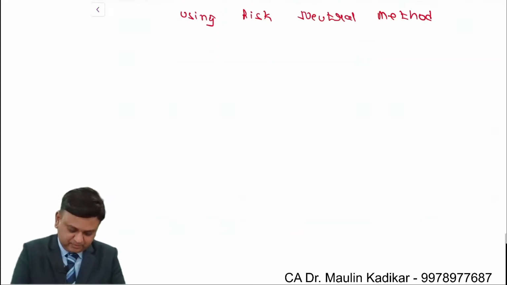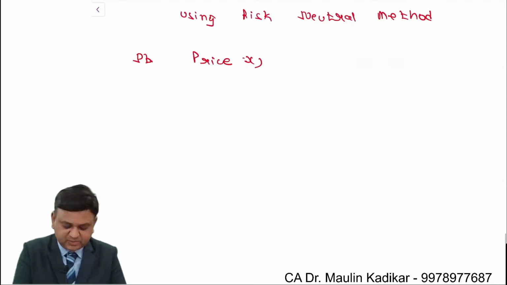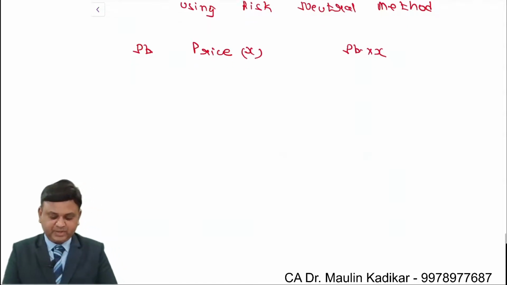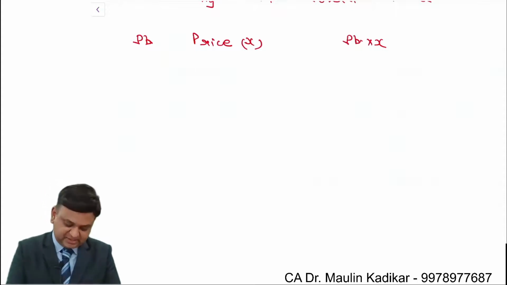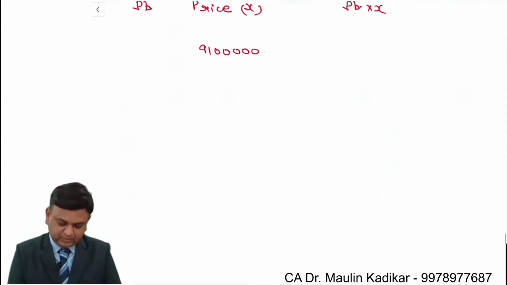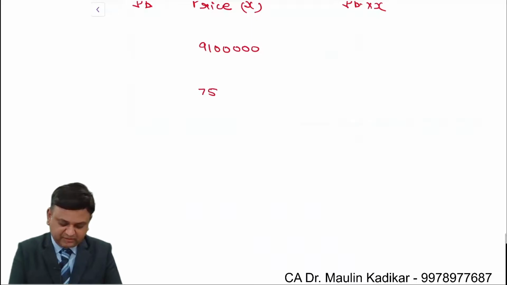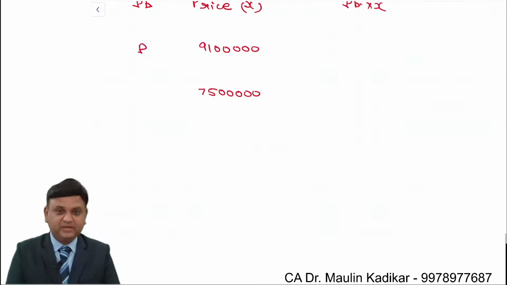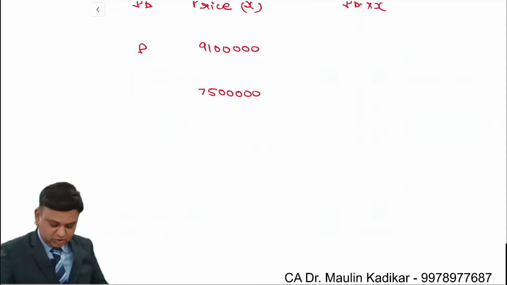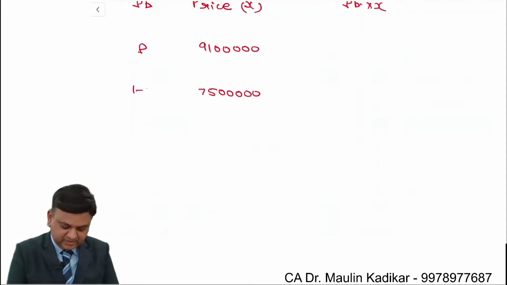In the breakdown, probability, price, I assign x variable to it, probability into x. The price may increase to 91 lakhs. The price may decrease to 75 lakhs. P is the variable assigned to the price increase. So 1 minus P is the variable assigned to the price decrease.